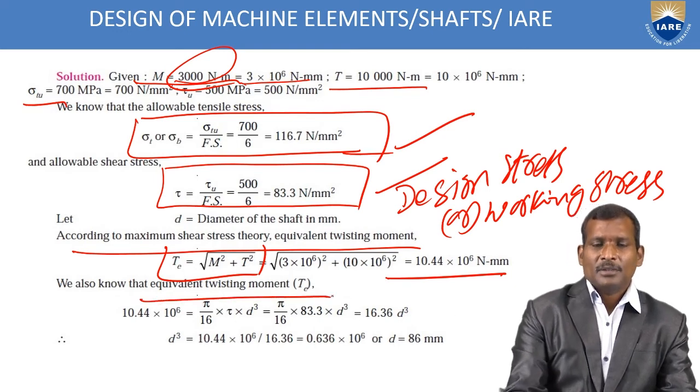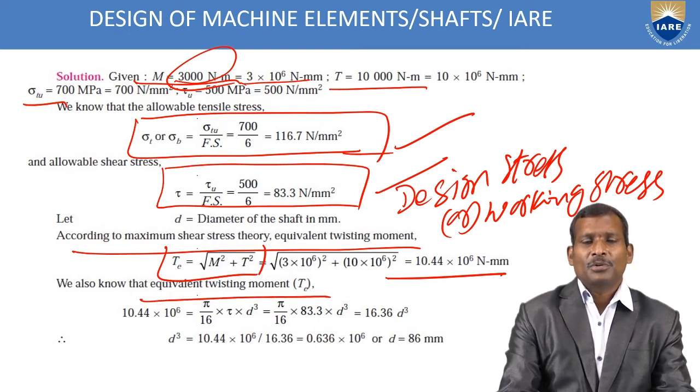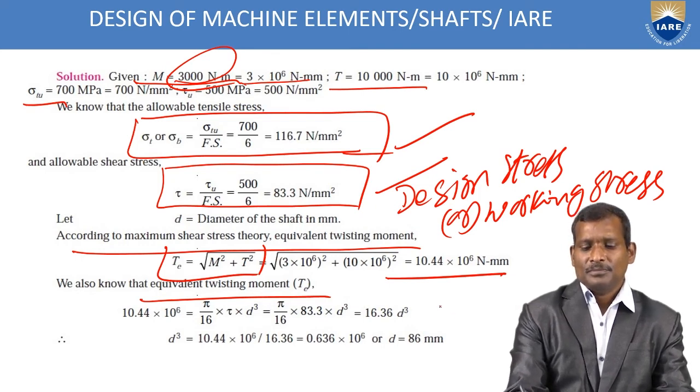We know that the equivalent twisting moment is equal to pi by 16 into tau into d cubed. Already we know T is equal to pi by 16 into tau into d cubed.